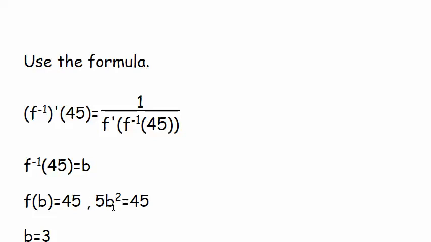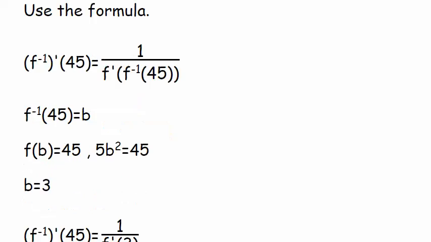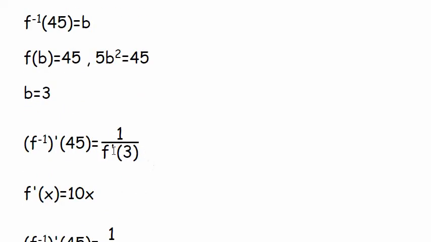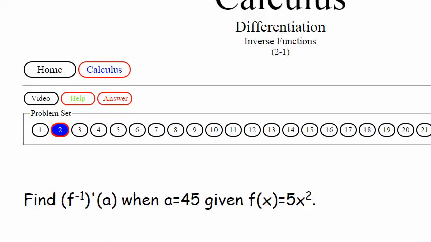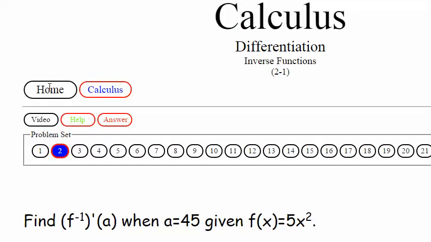Okay, as you can see here, that's what we do. Figure out what b is, and then take b, plug it into the derivative of f. And of course, I'm finding the derivative here, and I can't scroll down anymore, but you can see it down here, 1 over 30. All right, so there it is.